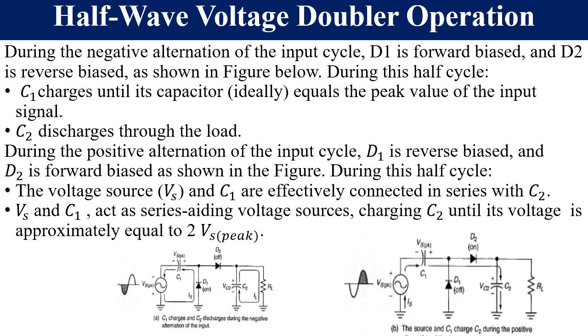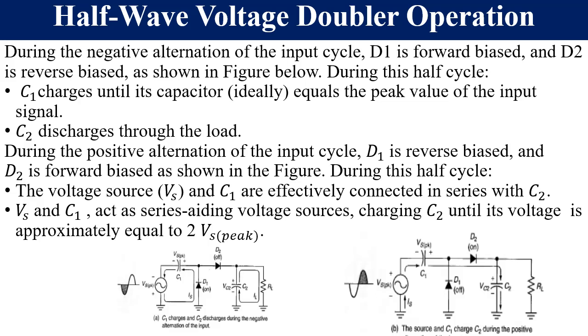When the input is negative, D1 is forward biased and D2 is reverse biased as shown in that particular diagram. The result is that C1 is charged to the peak value of the input voltage, while C2 is discharged through the load.